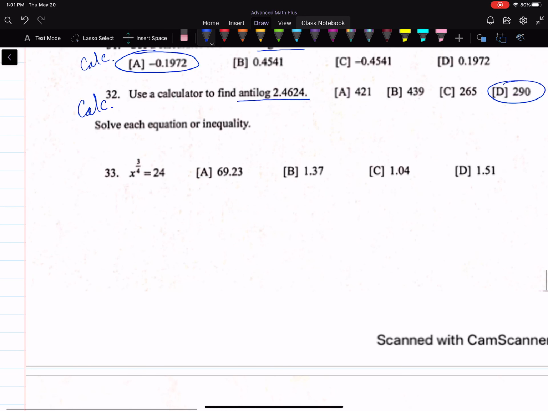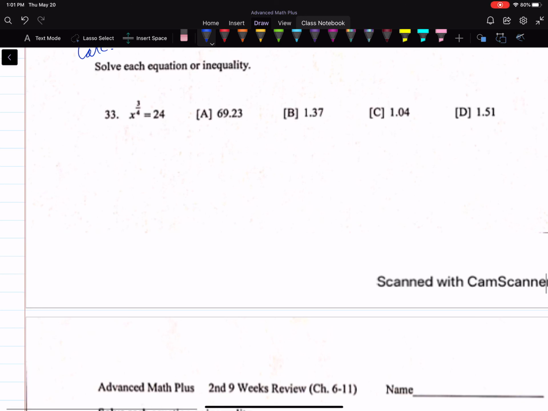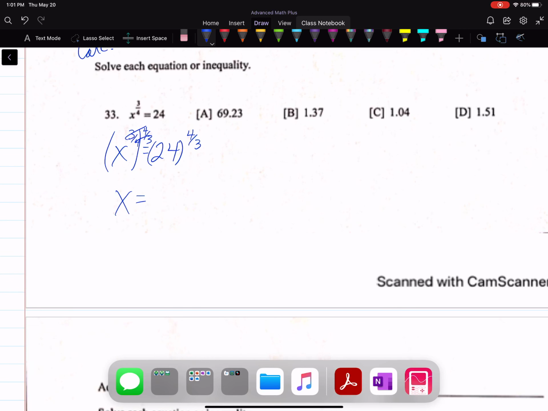All right, so 33, we're solving x to the 3/4 power equals 24. So how do we get rid of 3/4 power? We take it to what? 4/3 power. Excellent. Just like that. Those cancel. So x equals whatever 24 to the 4/3 power is.